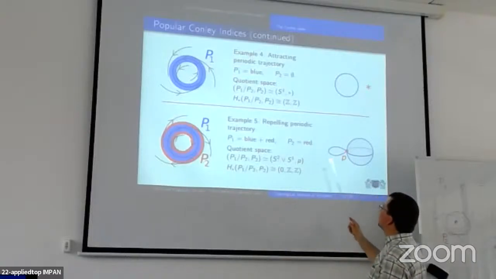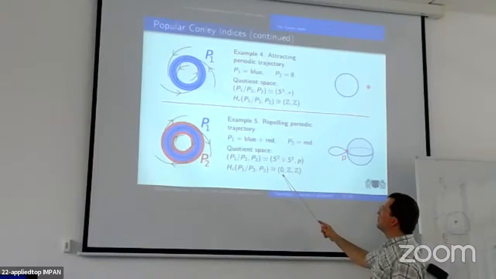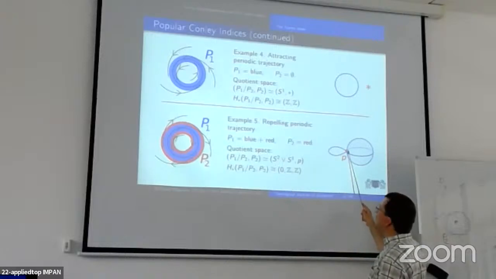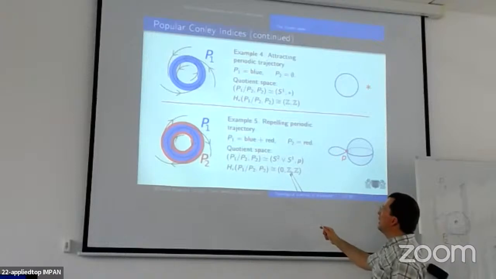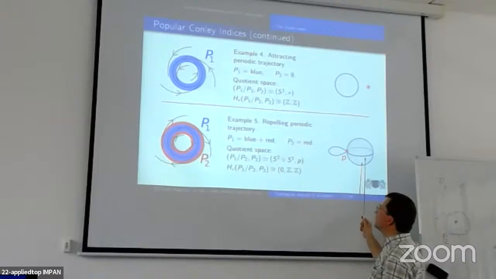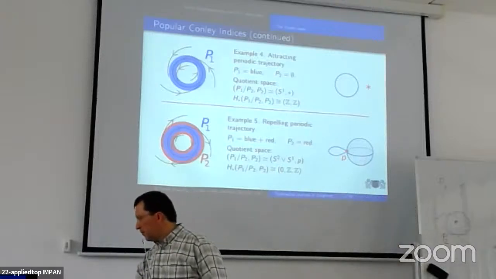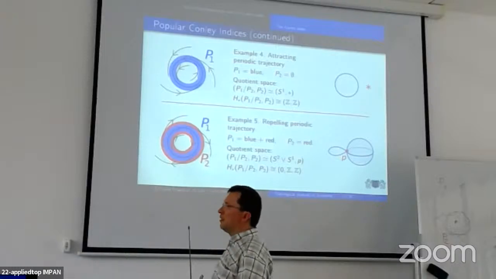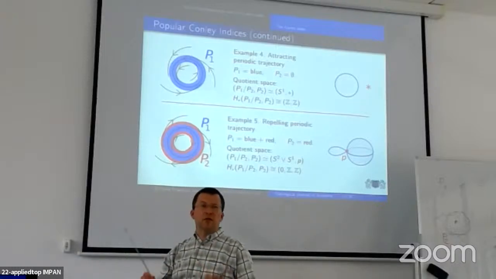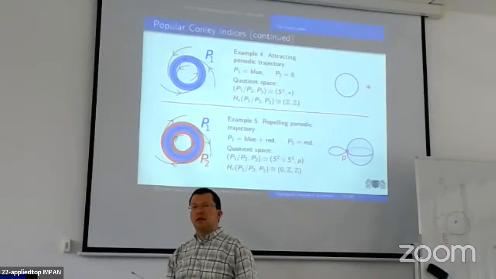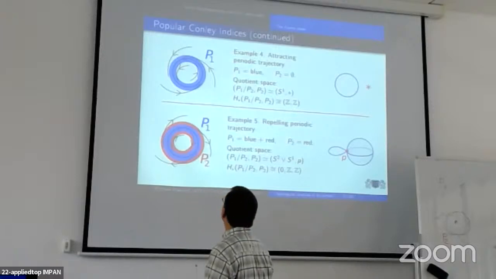So in homology, we get 0 at level 0 because there's this one connected component and it contains this red dot here, a Z for the circle and another Z for the sphere. So these are some examples, and these are most frequently appearing in isolated invariant sets in typical situations.